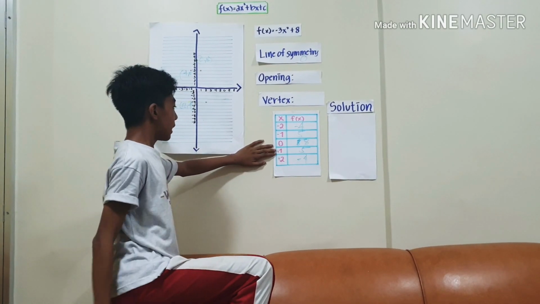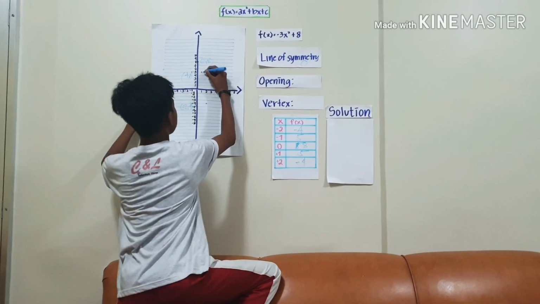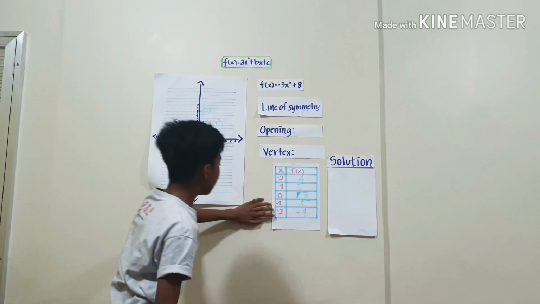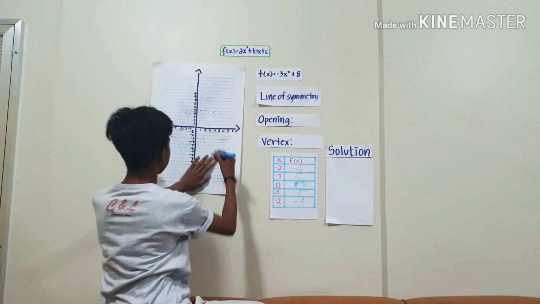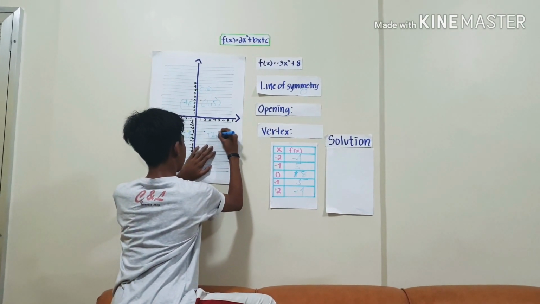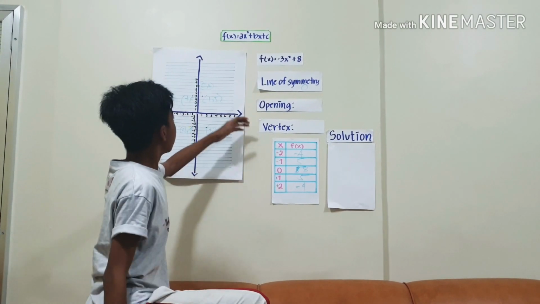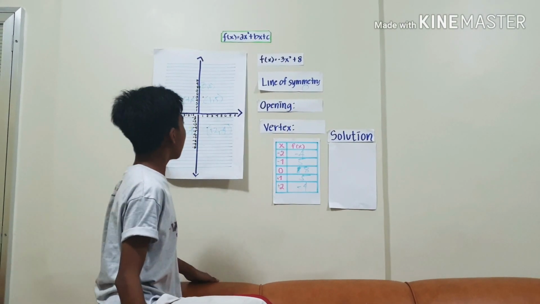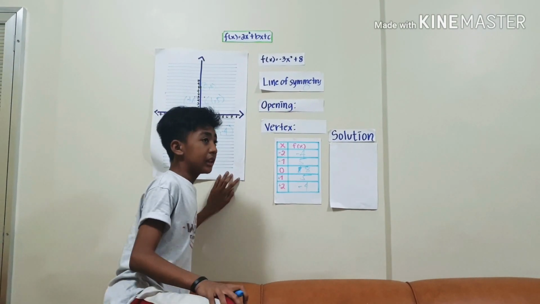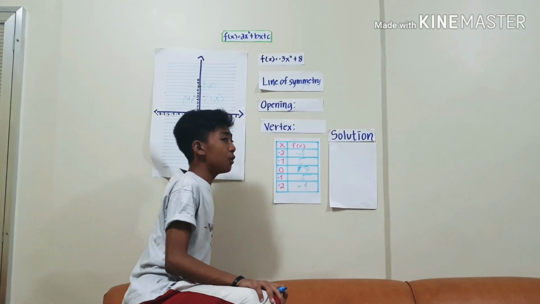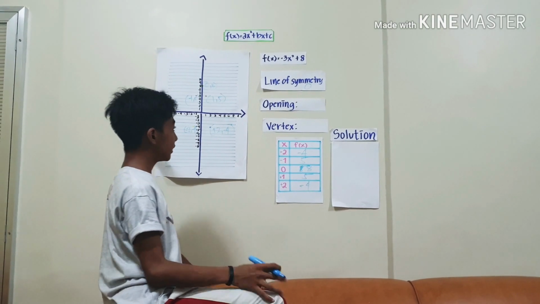The next, positive 1 and 5. And the last, positive 2 and negative 4. So, in the rules of the parabola, a is equal to negative 3, so it opens downward.